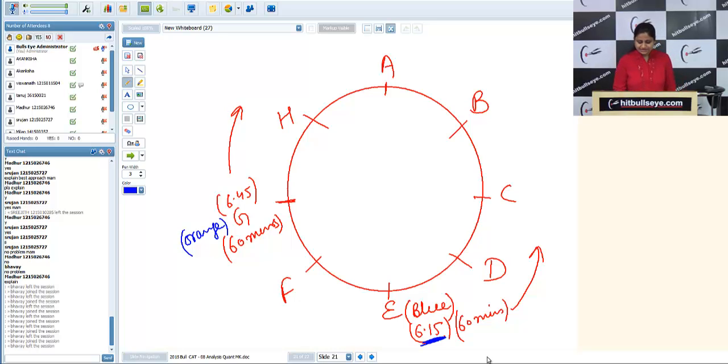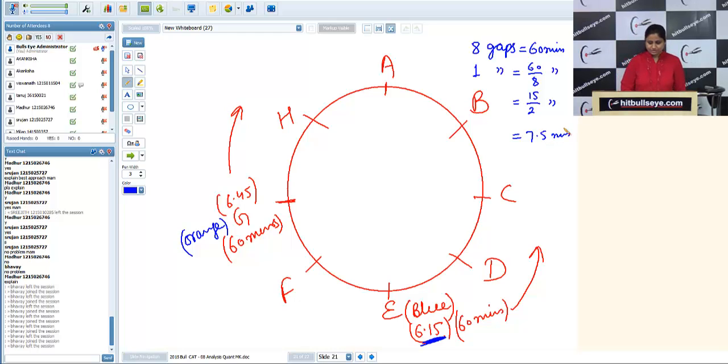If any train is covering 8 gaps in 60 minutes, it will cover 1 gap in 60 by 8 minutes, so it will be 15 by 2 minutes, which comes out to be 7.5 minutes. So 2 gaps are covered in 15 minutes, 4 gaps in 30 minutes, and so on. Can I say this?